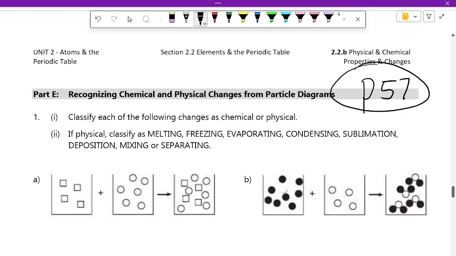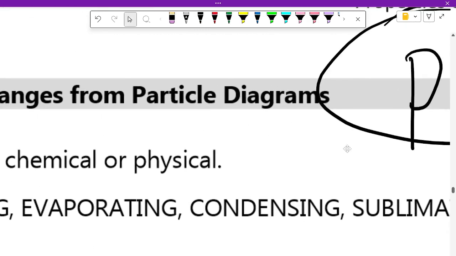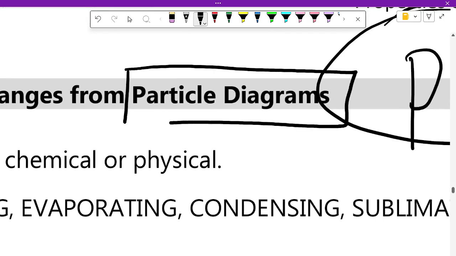The key thing here is that we are looking at particle diagrams, which means we're looking at the particles.